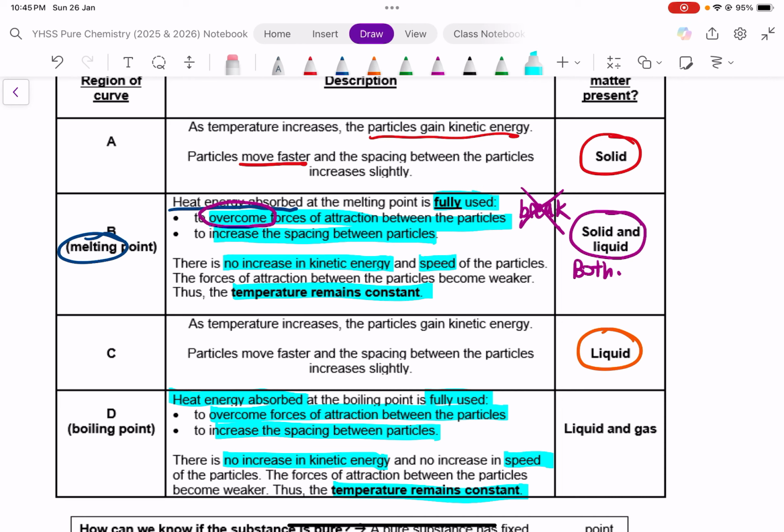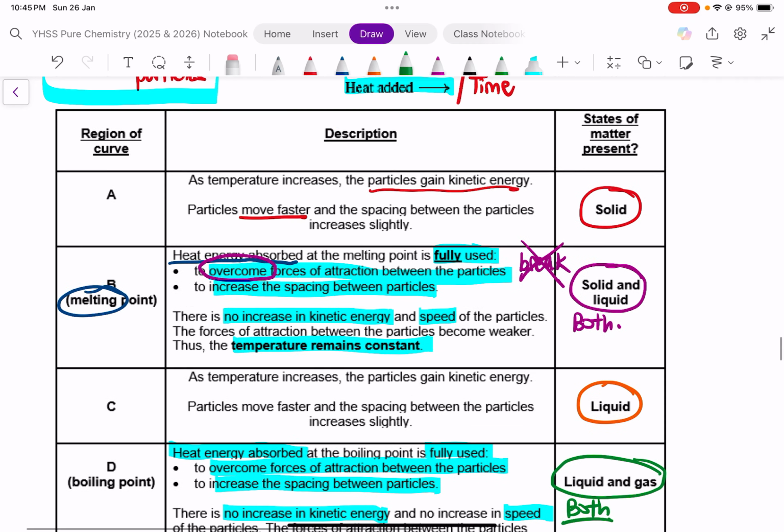And similarly, because it's still boiling, during the process of boiling, you will have both liquid and gaseous state present. Okay? So you must be able to explain why temperature remains constant during melting and boiling. Now, these are important explanations in terms of particles that you must learn.